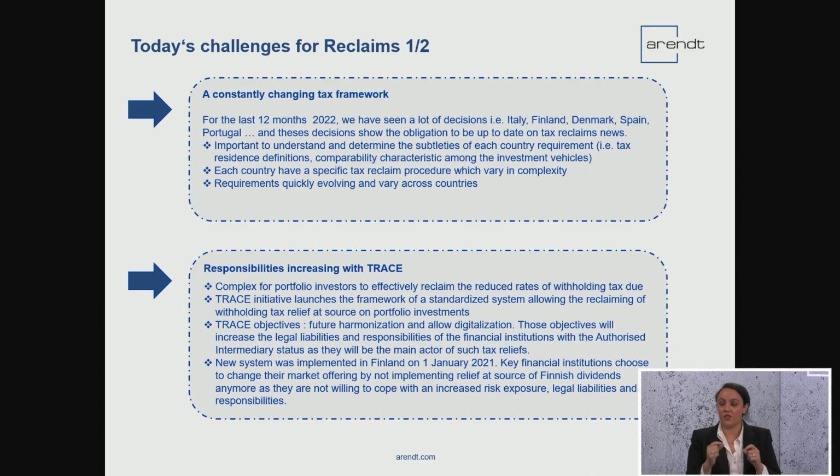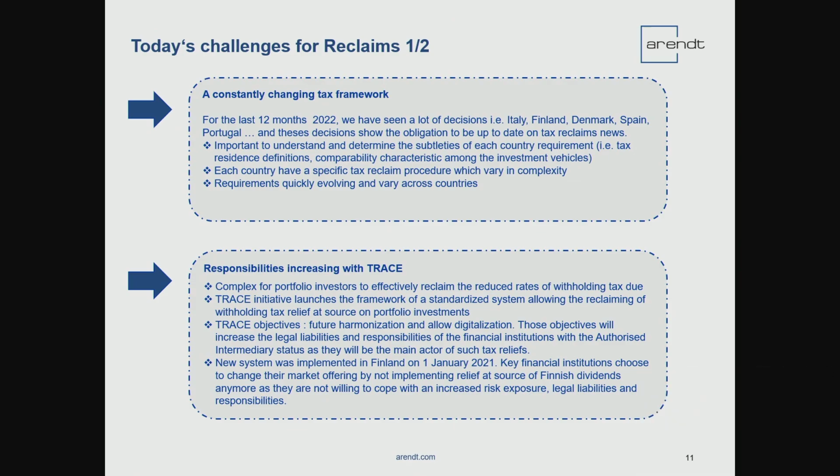The second challenge I see is the new process that the OECD wants to implement with TRACE, the Treaty Relief and Compliance Enhancement. The objective of this process is to harmonize and standardize the process and give the industry access to relief at source.